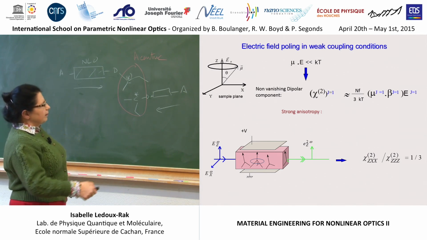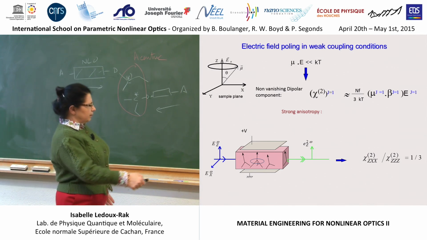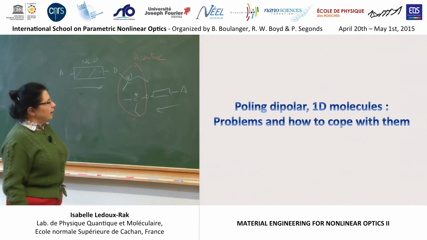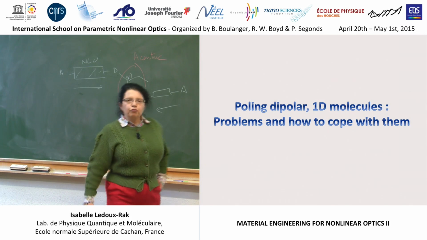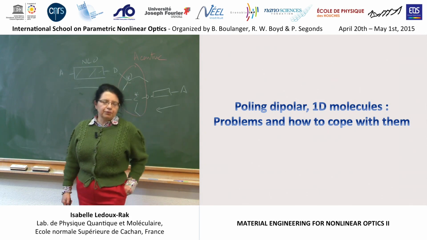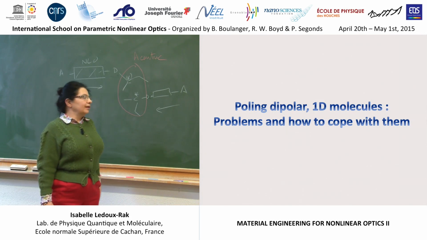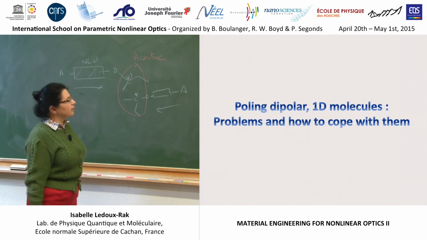And as previously mentioned, the anisotropy is quite high. So that looks like a solution, but keep in mind that at room temperature, the orientational order is relatively low, less than a few percent.